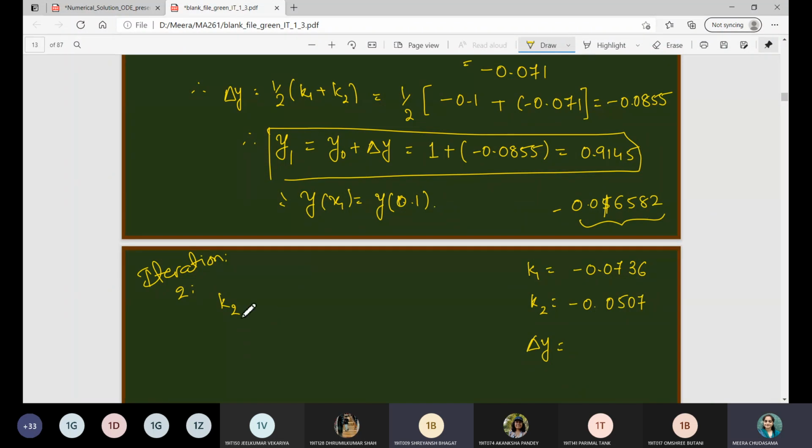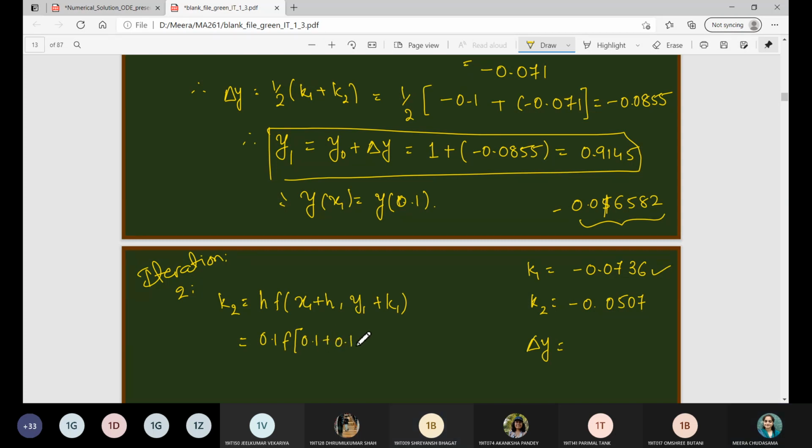Yes. K2 is nothing but, let me consider it, the function value f at x1 plus h and y1 plus k1, right? So what is the k1 value you are getting? The same one which I have written over here.